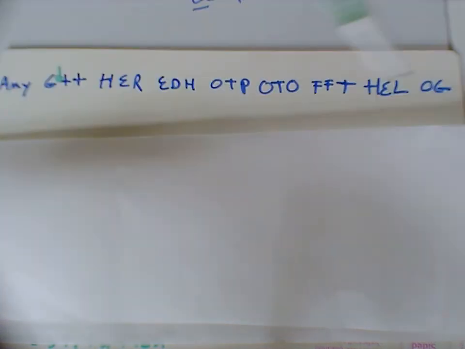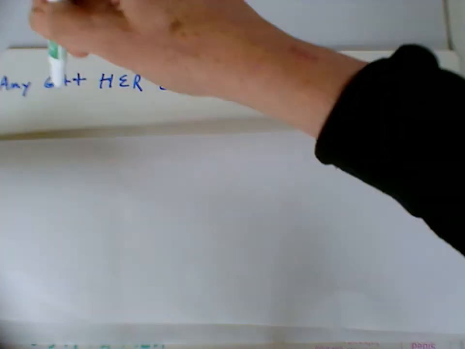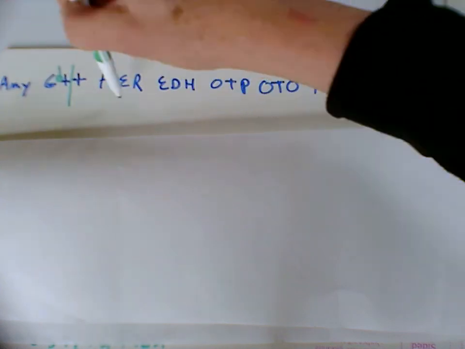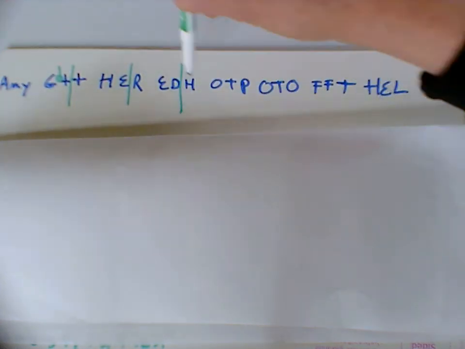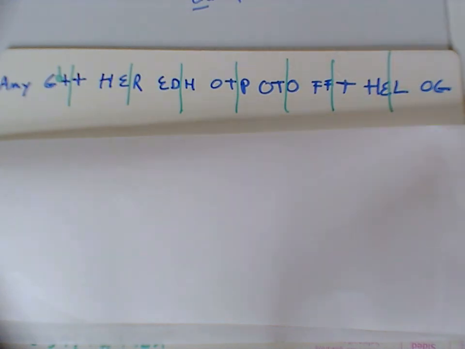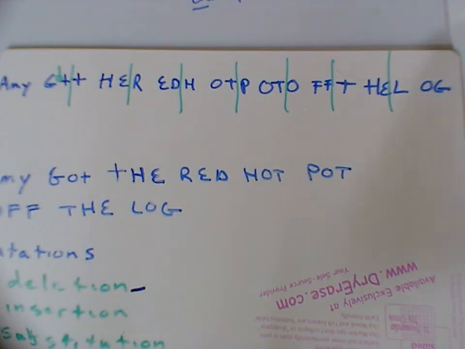Now these letters obviously don't match the A to the T, the C to the G. It's just an example of what happens when things get garbled. So right here, it's Amy got the red hot pot off the log. So that's how it should have read, but you saw how it obviously didn't. So that is one form of a mutation.